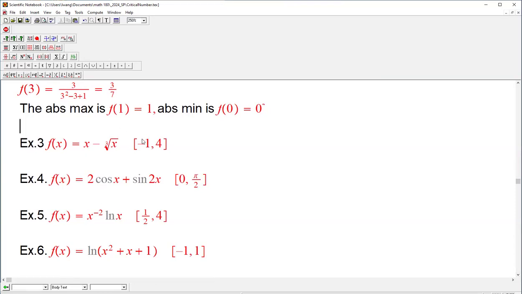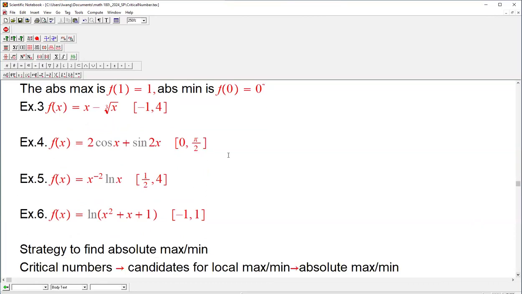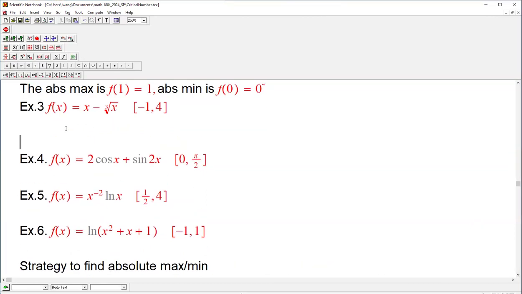Okay, I pick up all of these questions from homework, and they're all number questions. All right, first of all, the domain is all real numbers, and this is a closed interval, and obviously f is continuous on the closed interval.